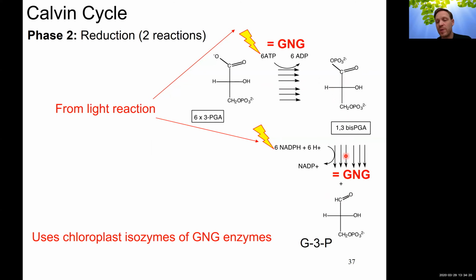Okay. So we're helping ourselves here simply by using the same reactions as GNG, but it turns out that these are actually isozymes of the gluconeogenesis that we already had talked about that are specific to the chloroplast. So these are isozymes catalyzing the same reaction, but unlike the GNG, these are located in the chloroplast. Okay.